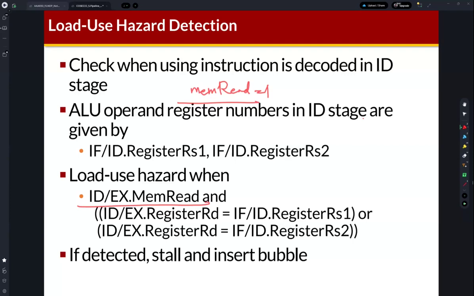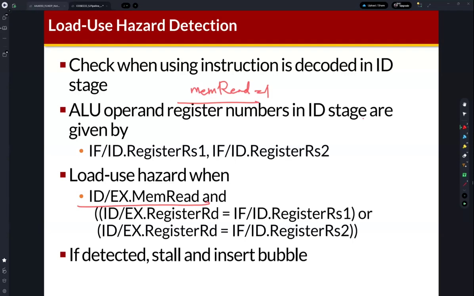To support data forwarding, we compare the register number of the destination register of the former instruction with the register numbers of the source registers of the following instruction.